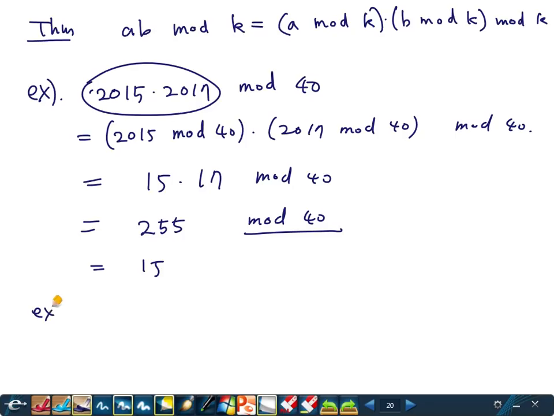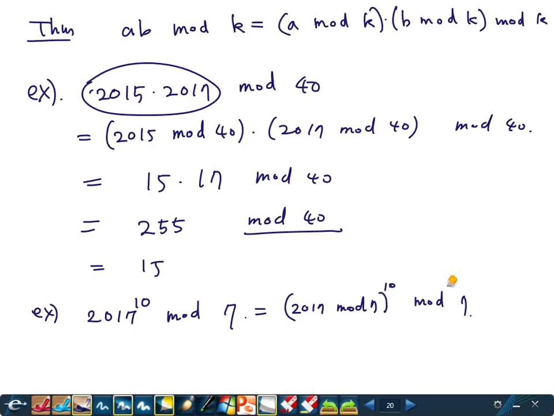Similarly, maybe you can compute 2017 raised to the 10th power mod 7. It will be very difficult to compute this by hand. 2017 raised to the 10th power will be a very big number. But we don't have to do that. This is 2017 mod 7 raised to the 10th power, and then at the end we can just take the mod.